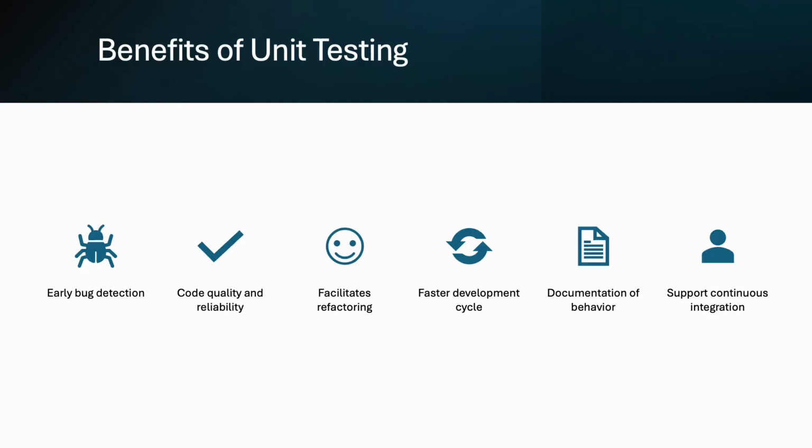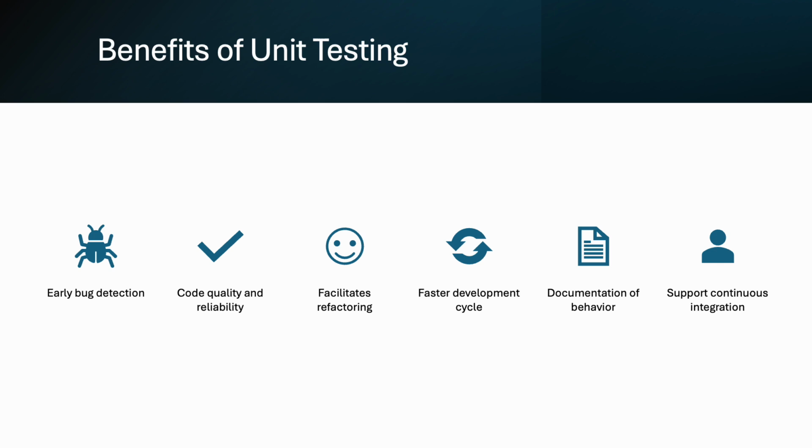So, as noted in the previous slides, unit testing brings numerous advantages, not just for individual programmers, but for the entire software development process. So, some of the benefits of unit testing include early bug detection, code quality and reliability.